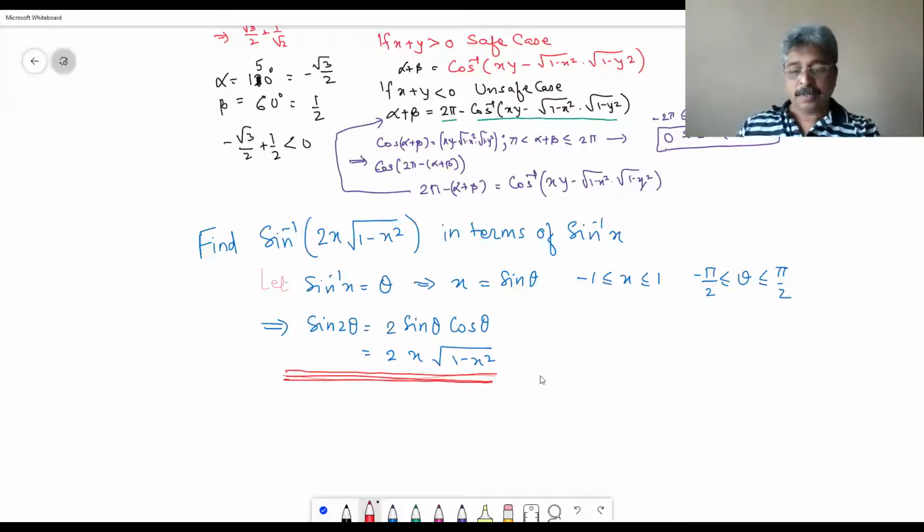So now there is only one angle, therefore finding out the boundary conditions is easy.